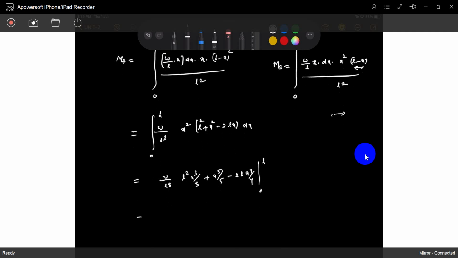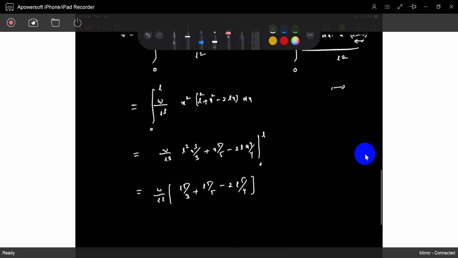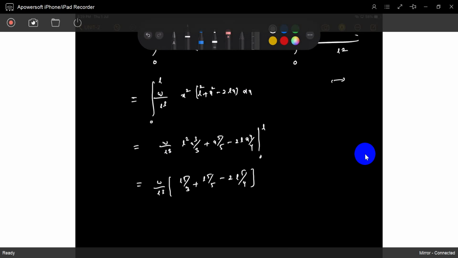So what is that value? W by L cube. Put L: L power 5 by 3, L power 5 by 5, 2 L power 5 by 4. Every term has L power 5. Understood? So what is that value?